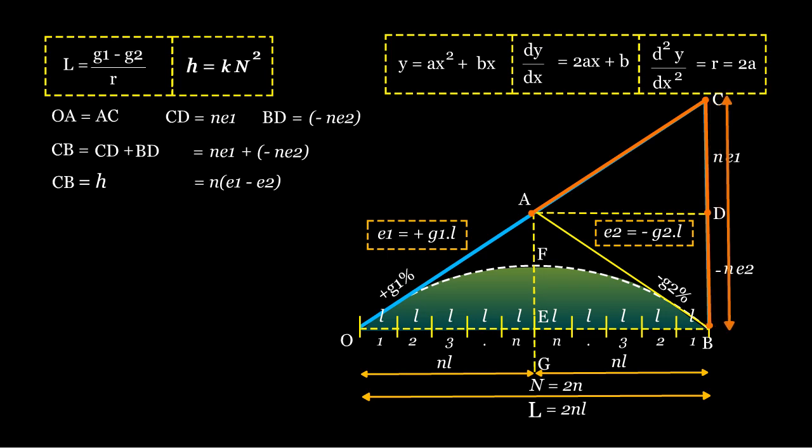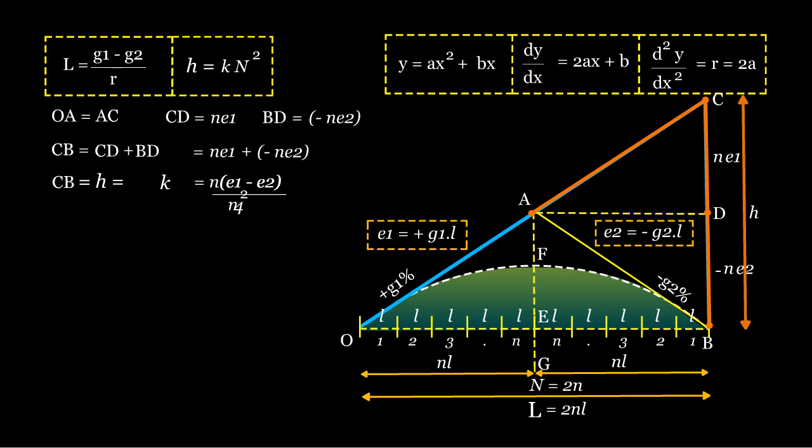Here, at the end of the curve, CB equals h. We already knew that h equals kn squared. Here, N equals 2n. That means kN squared equals k into 2n squared, that is 4kn squared. Finally, CB equals 4kn squared, which equals n into E1 minus E2.